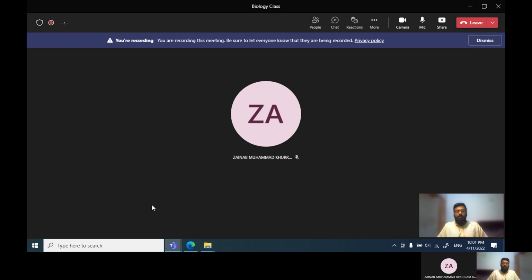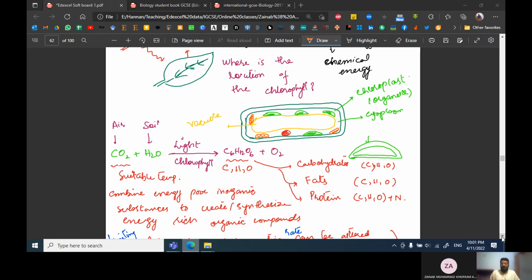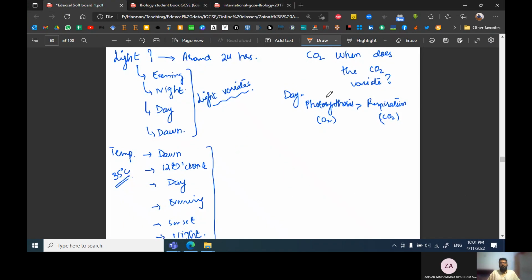Now, coming back to the point, we can write the expression that during the day, the photosynthesis is performed at a very much higher rate than respiration.